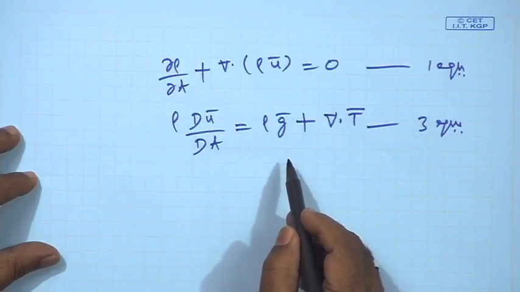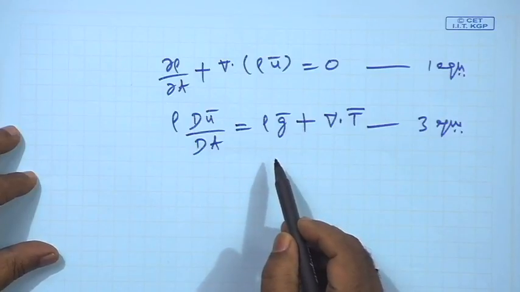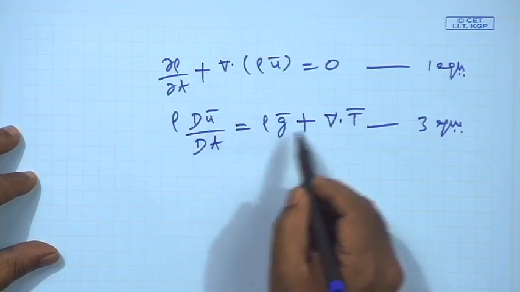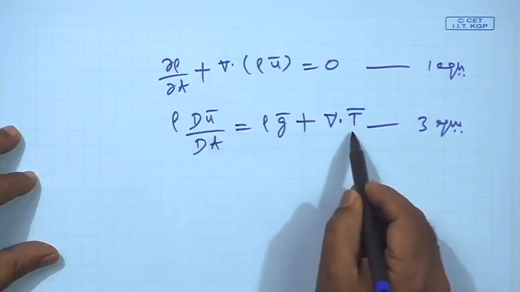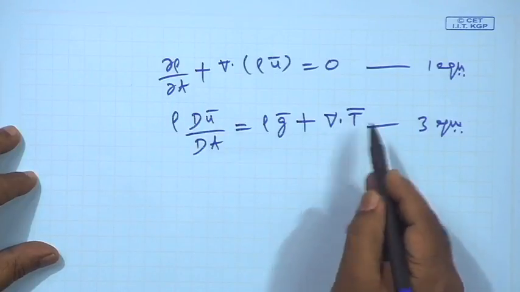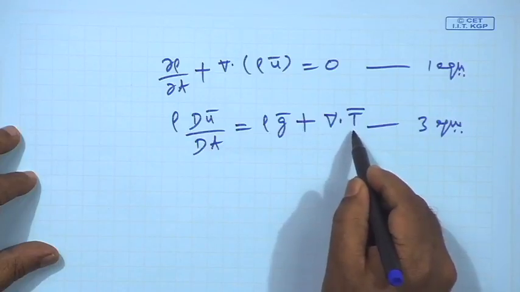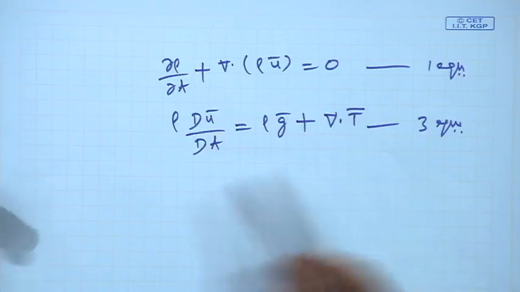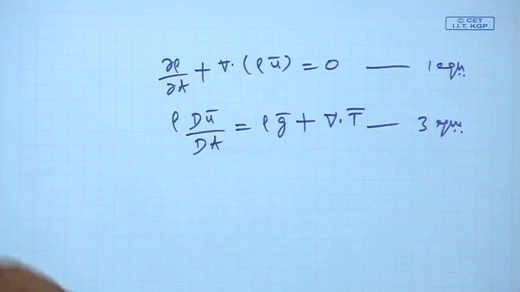But then how many unknowns do we have? We have u, 3 unknowns, and then the stress tensor. So, we have 9 of them, but if we use symmetry, 6 of them. So, we have only 4 equations, that means there are more unknowns than equations.